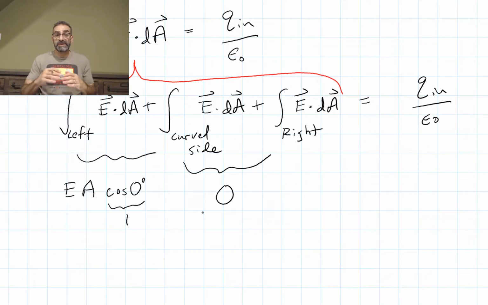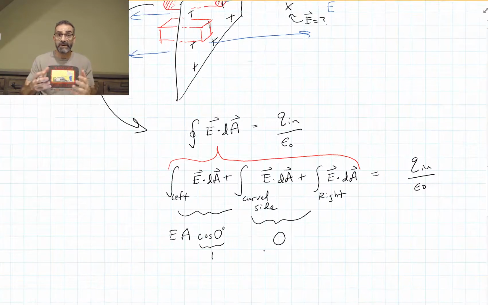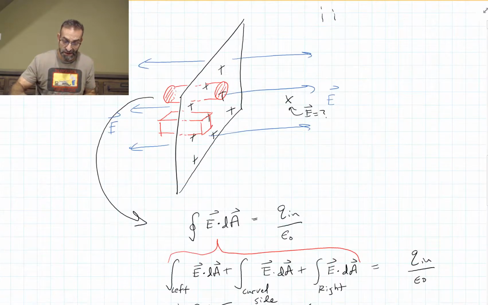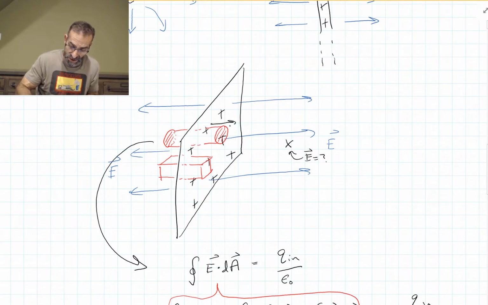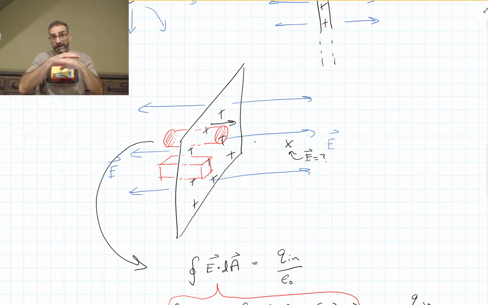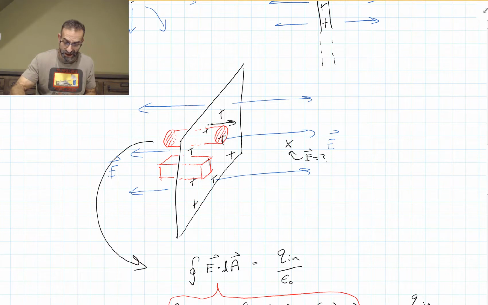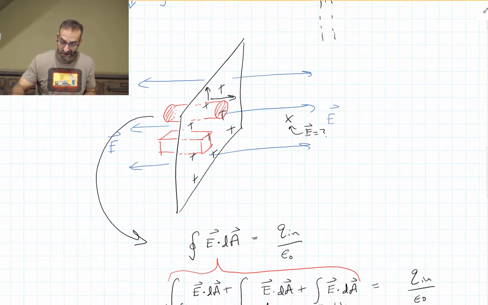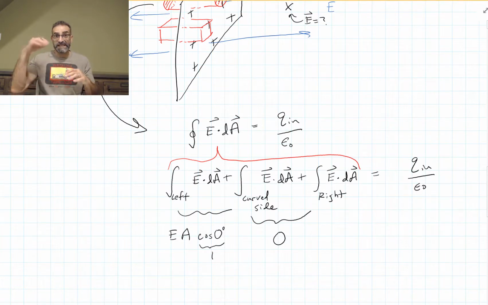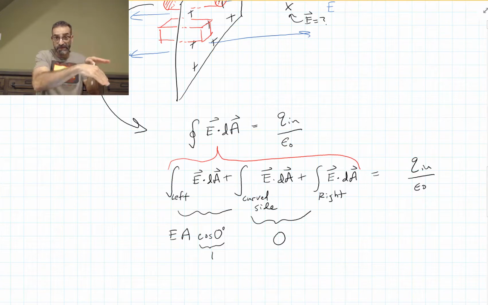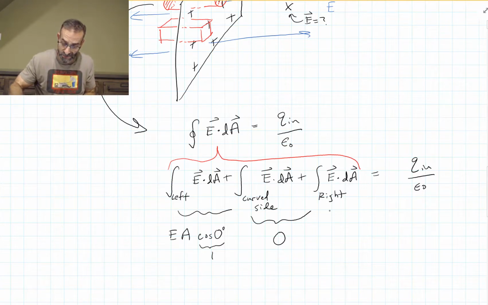There's no flux through the curved side because we have a cosine of 90 degrees. The electric field is pointing along the surface, but our area vector, of course, points perpendicular to the surface. So no electric field lines penetrate that. They all skim along the surface. None of them penetrate the surface. So the flux is 0.